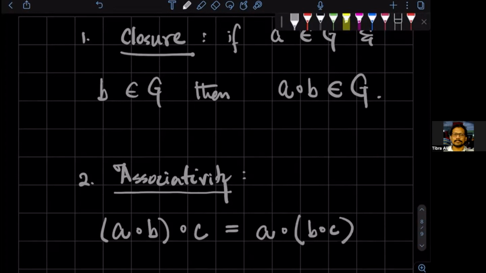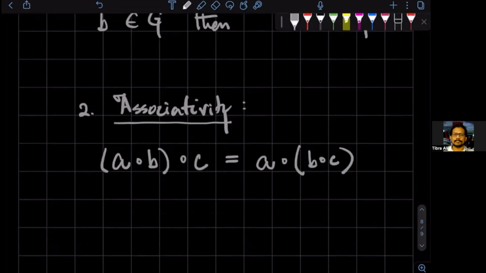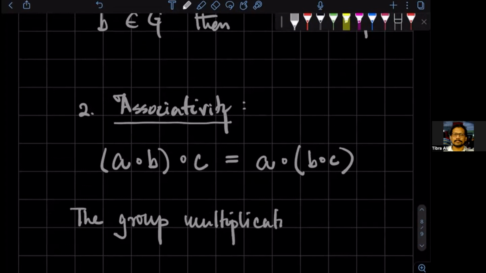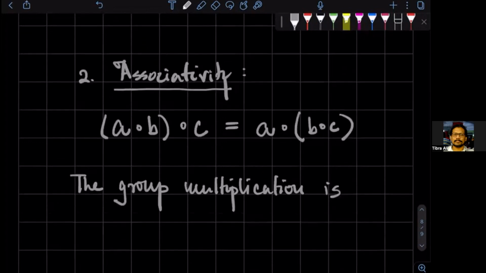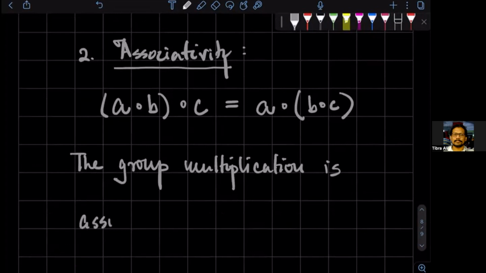So the group multiplication is associative. Associativity is a very nice property. One can do without commutativity, but it's very hard to do anything without associativity.